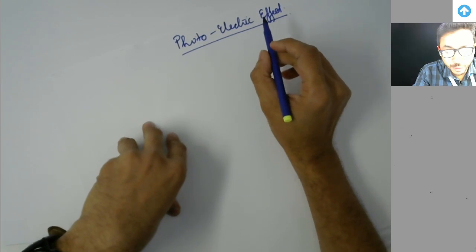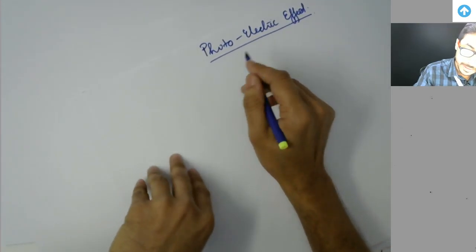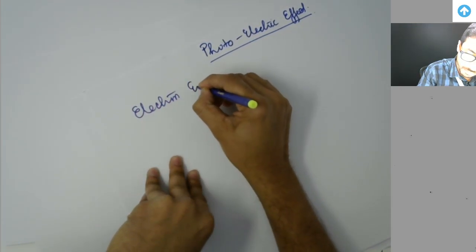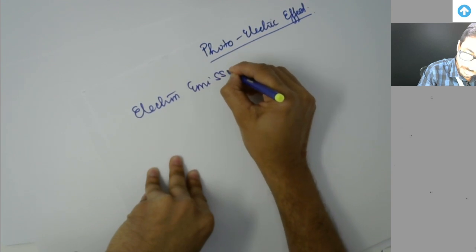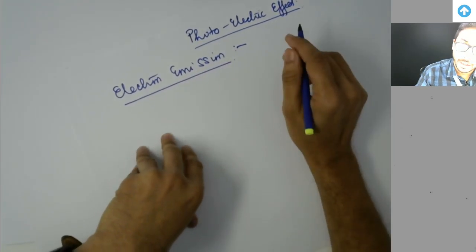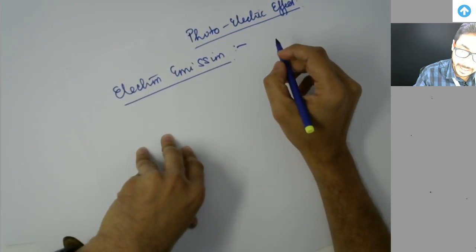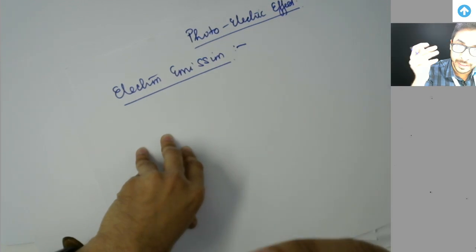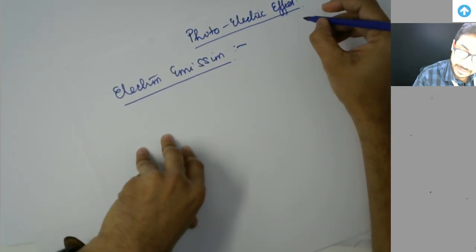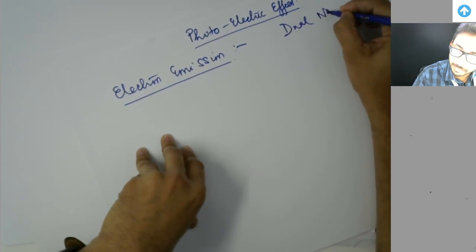Now, before moving on to photoelectric effect, we need to understand something called electron emission. From the first part, you have understood that every particle has a dual nature. It can have a wave nature as well as a particle nature.